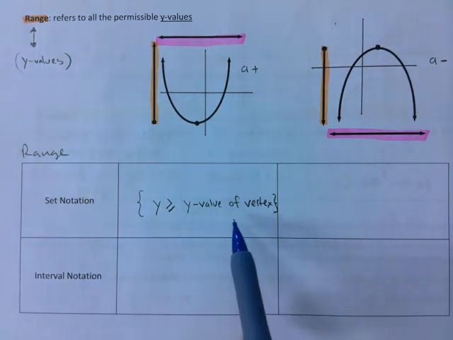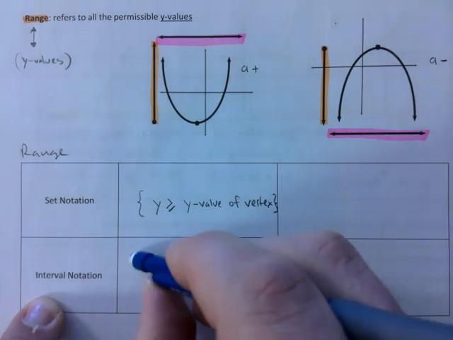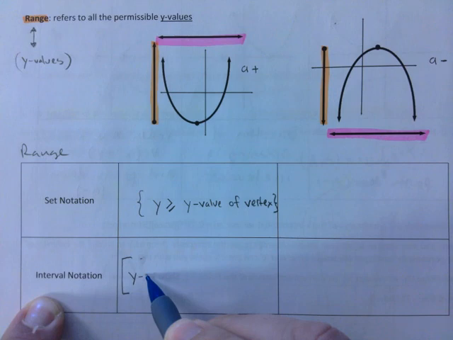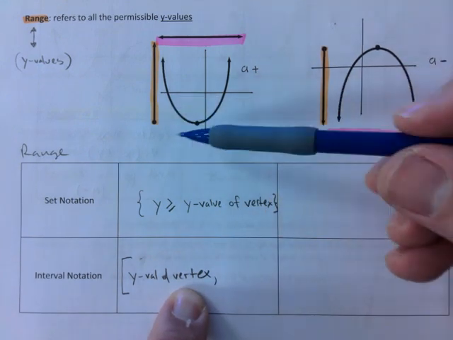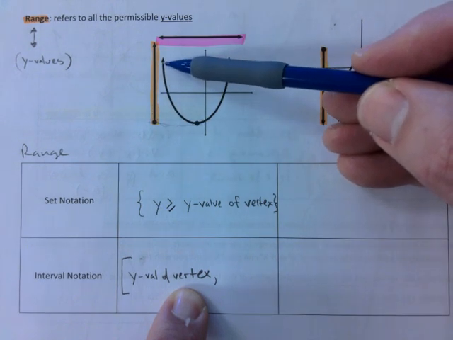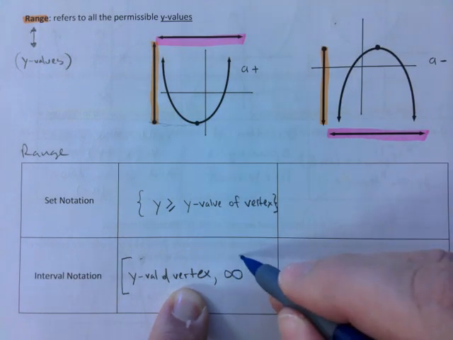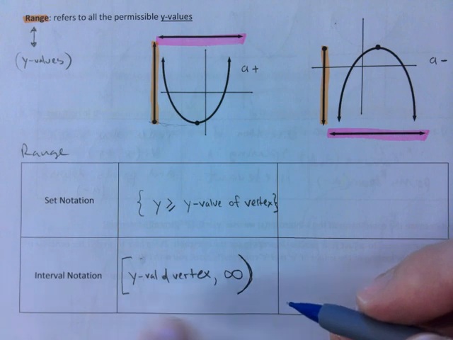But y is greater than or equal to the y value of the vertex. Interval notation, it would be like this. And obviously later we'll have numbers there. Y value of vertex, right? You start with that, comma. Watch this. If you look at the graph, you start here, that's the lowest, but then this continues to go up indefinitely. So this would be infinity here. You have to have a round bracket here. Okay, square bracket, round bracket.